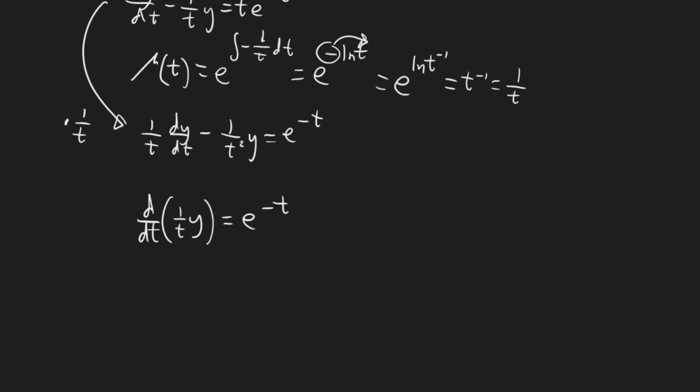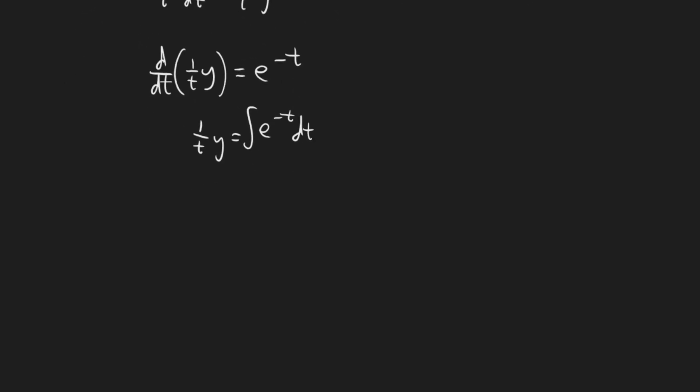So take the integral with respect to t of both sides. This leaves you with 1 over t times y equals the integral of e to the negative t dt. So we find this integral: y over t equals negative e to the negative t plus c. Throughout this series, I'm not going to be really explaining the integrals very much if they're gone over in depth in Calculus 2, but of course I'll work through them.